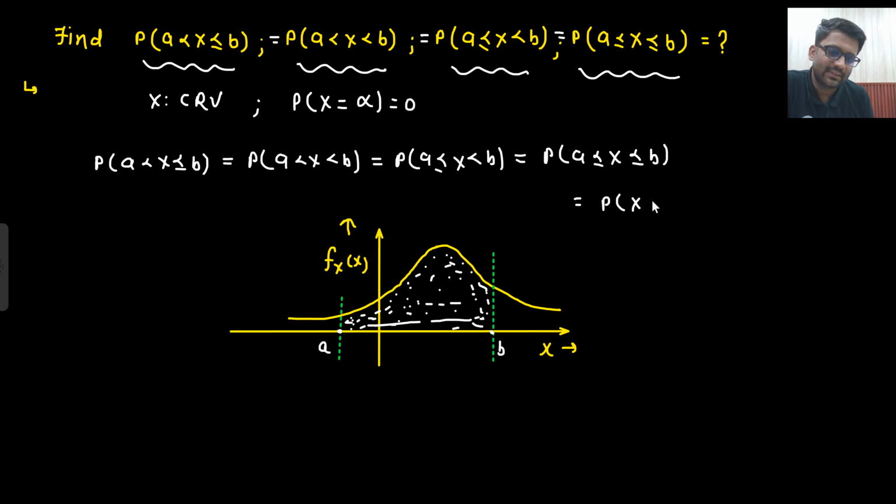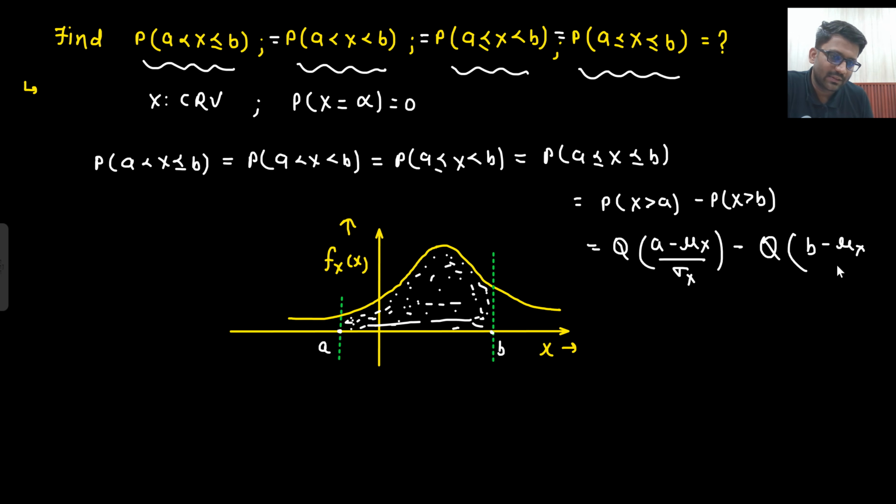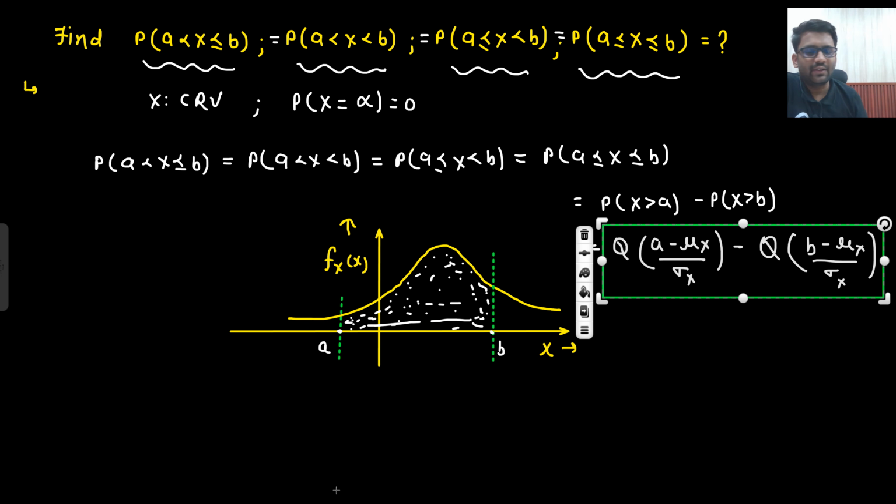It is the probability of x greater than A minus x greater than B. X greater than A means A to infinity, x greater than B means B to infinity. From A to infinity you are subtracting B to infinity, so you are talking about A to B. Now what is the probability of x greater than A? Q of (A minus mu x) upon sigma x. And x greater than B is Q of (B minus mu x) upon sigma x. There you go, this is the answer. Very simple, so no need to mug up. You can derive it any day. Just make the diagram, you will understand everything.